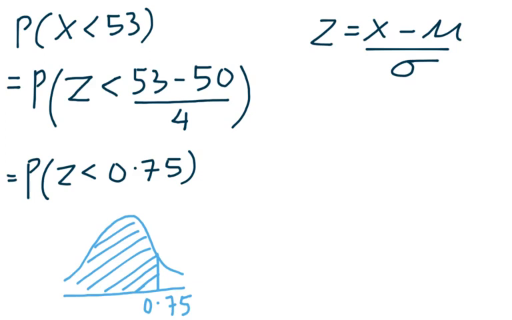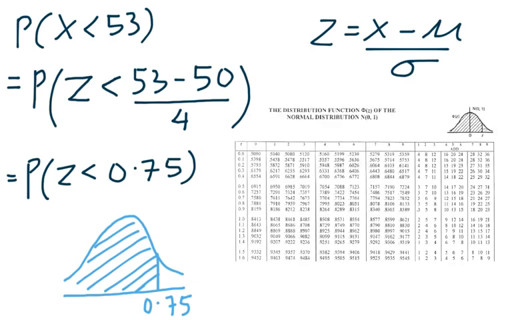So again, refer to our table. For 0.75, the first decimal, 0.7, is in the first column, and the 5, the second decimal, is in the first row.